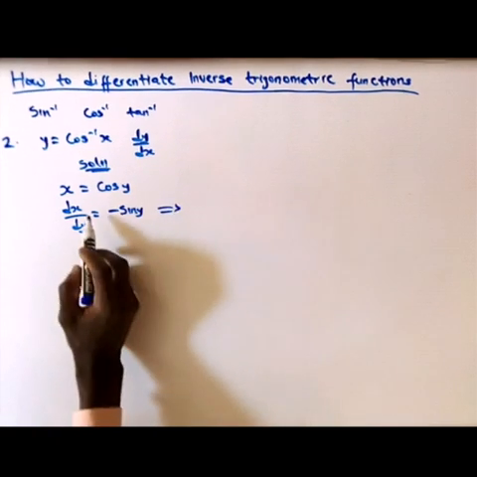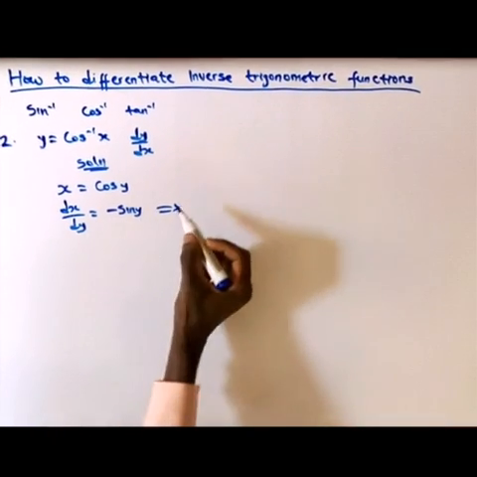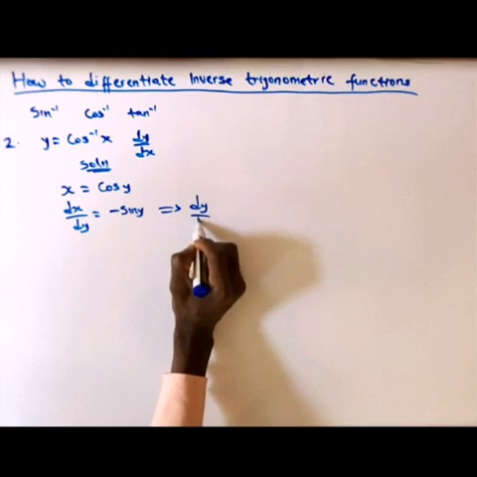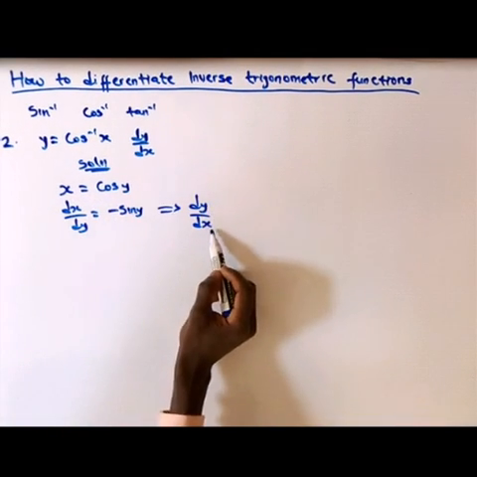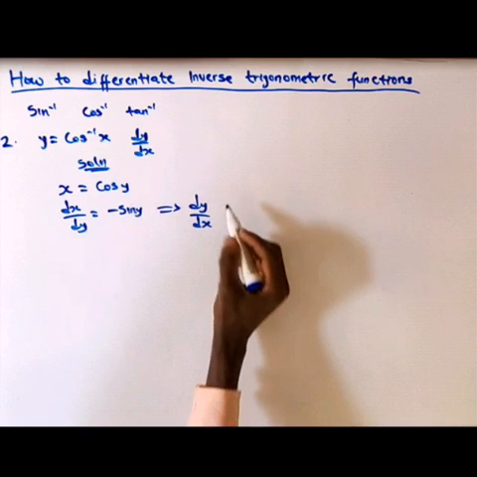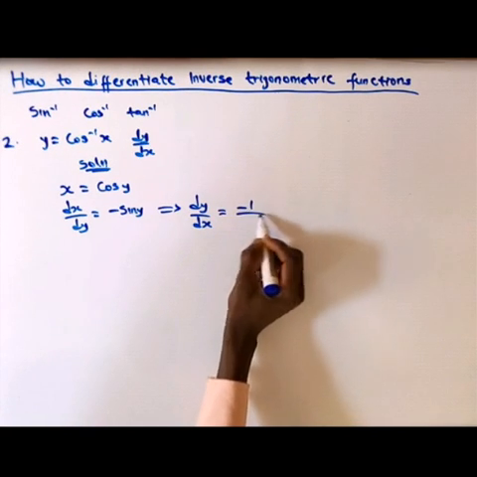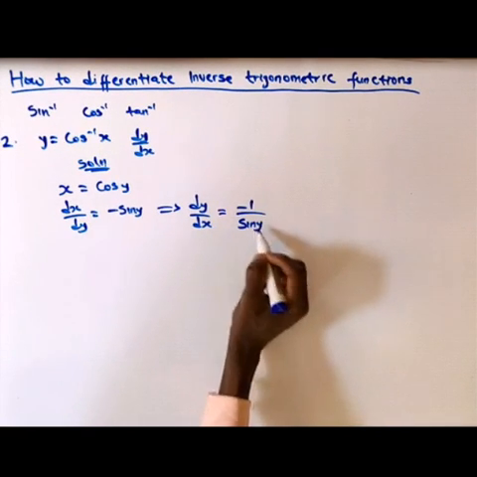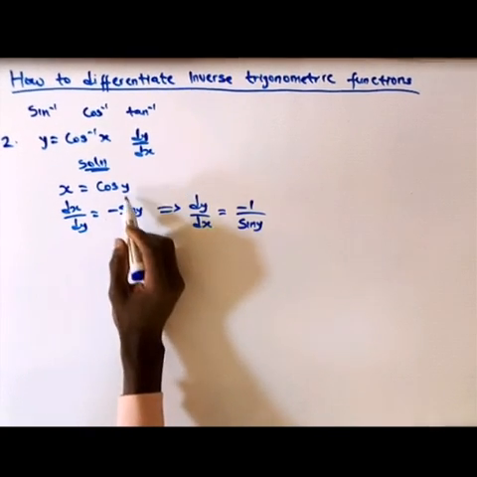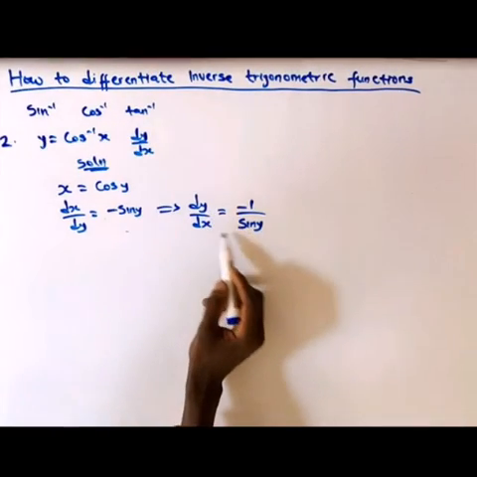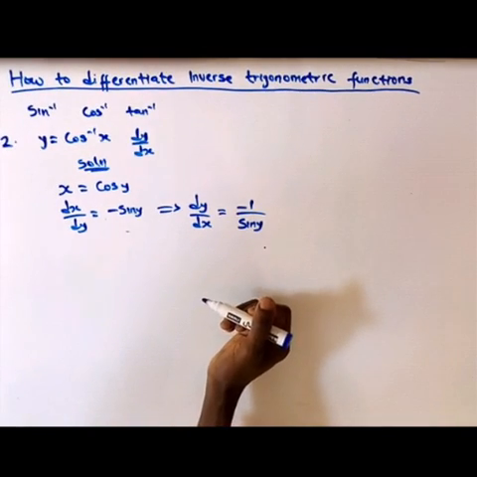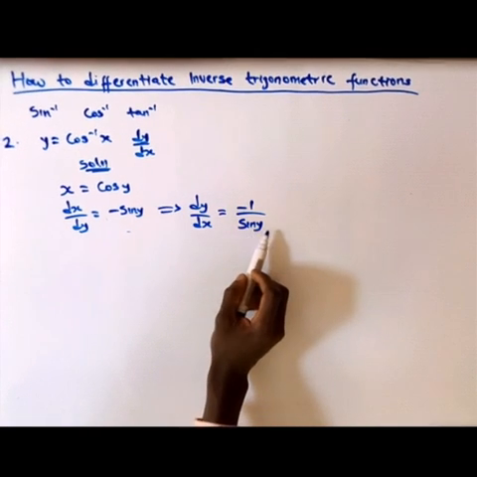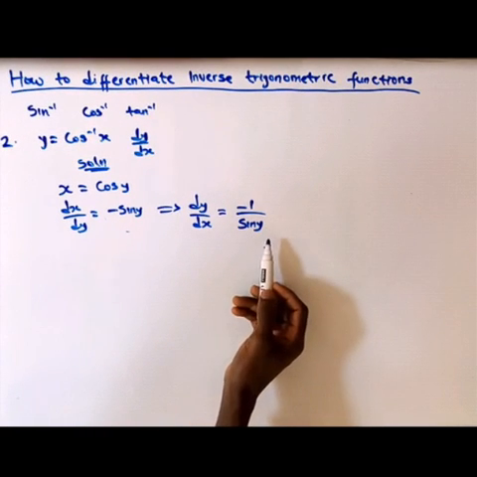So if ds/dy is equal to minus sine y, that means our dy/ds is the reciprocal of ds/dy. So it's to take the reciprocal of this. So it's going to give us minus 1 over sine y. Now we've gotten our dy/ds to be this. Now the next step is, we express our sine y in terms of s.